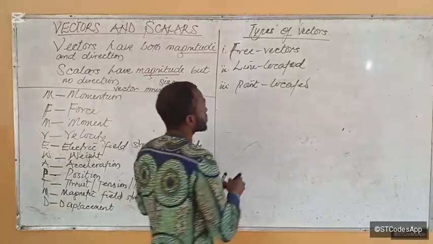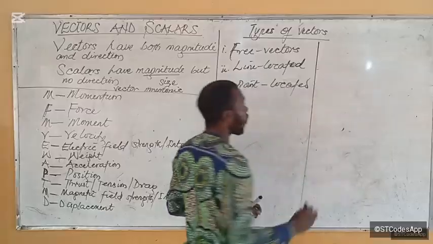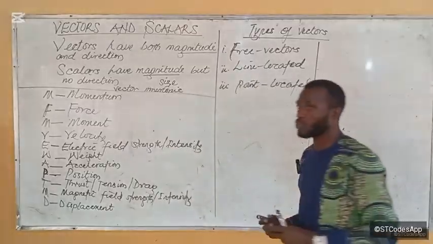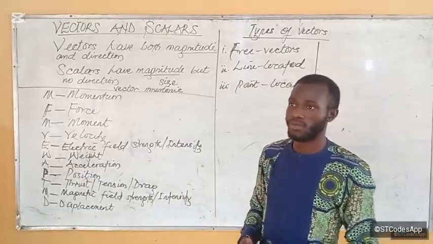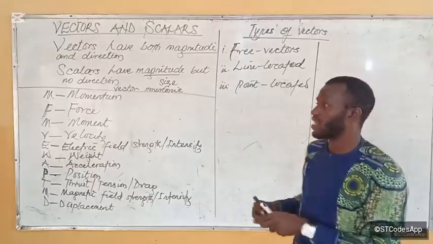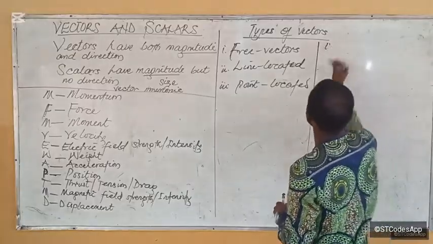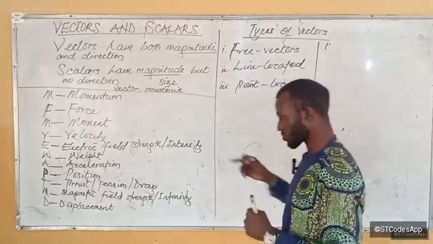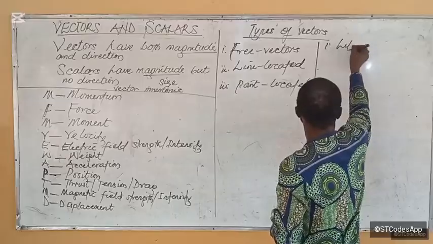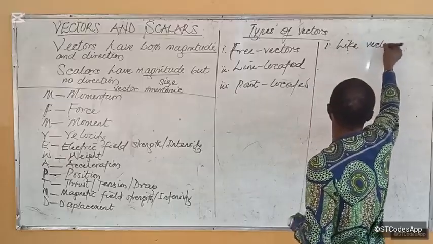All right, now let's talk about the other types of vector. This classification is based on function and the way they interact. Let's start with like vectors. I'm going to explain all of this.